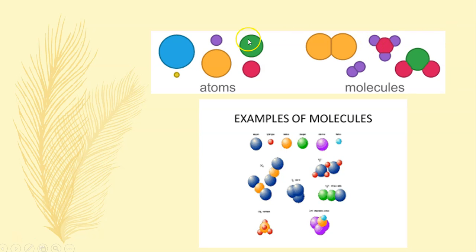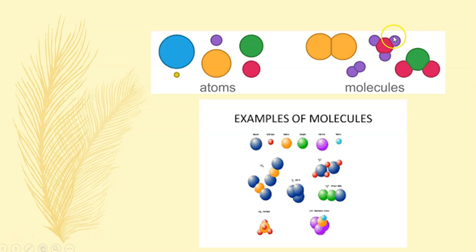Now my dear students, molecules are again of two types. In one, whatever rounds or things are connected are of the same kind. You see this orange colored and purple colored, they are of the same kind. And there is another kind of molecule where they are of different kinds.